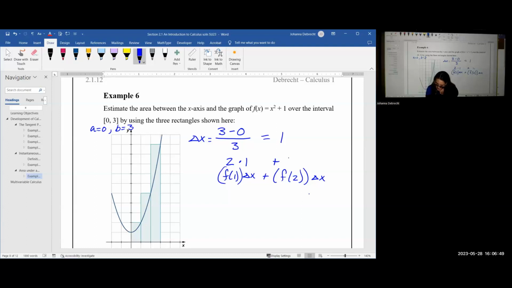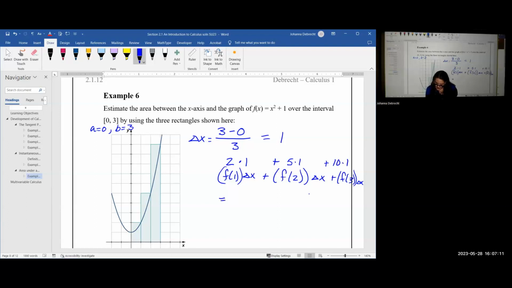So I have 5 times 1, plus f at 3 times delta x. At 3, it looks like it's at 5, 6, 7, 8, 9, 10. It's up here at 10. So I've got 10 times 1.